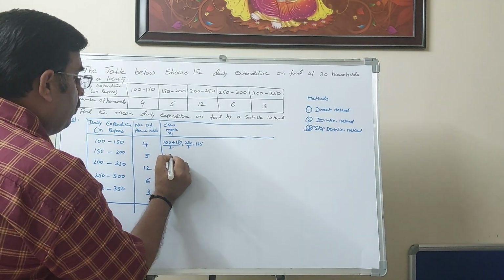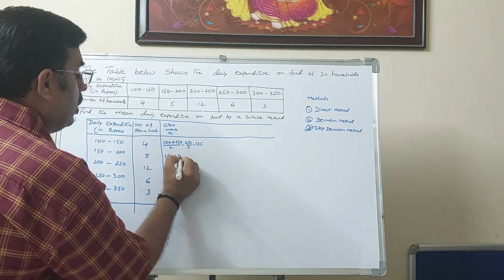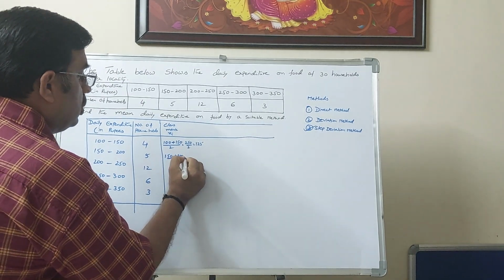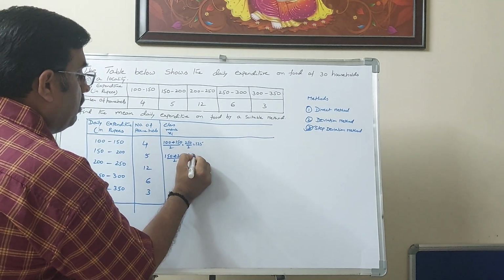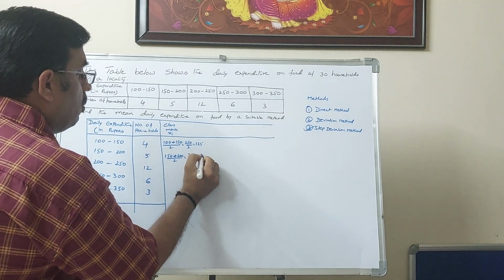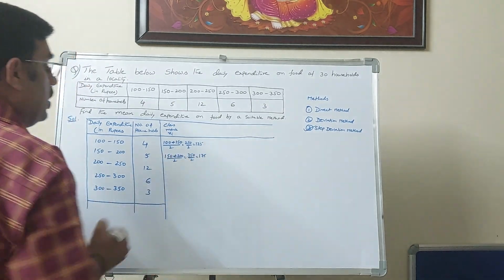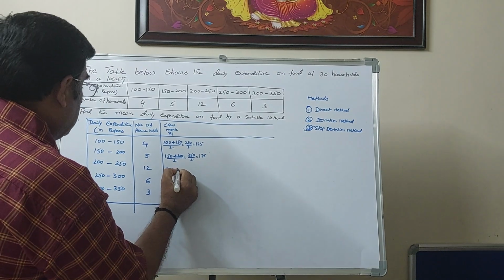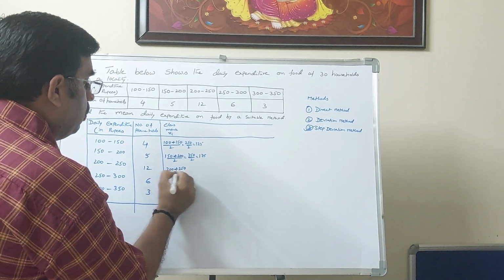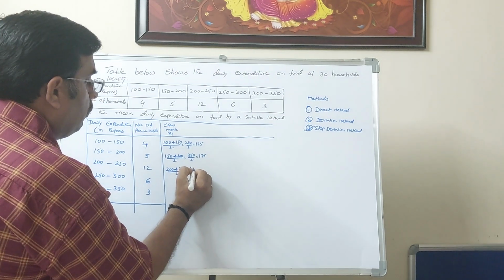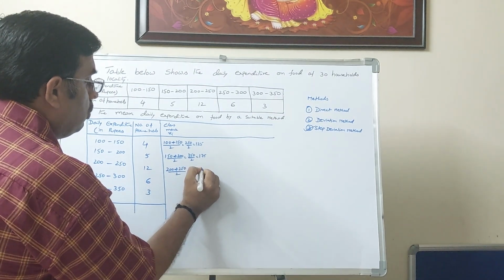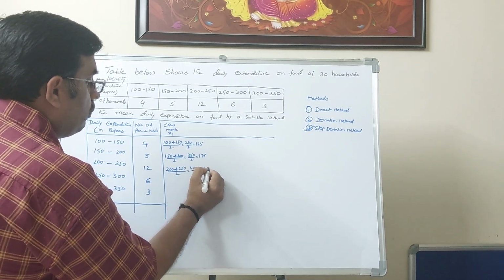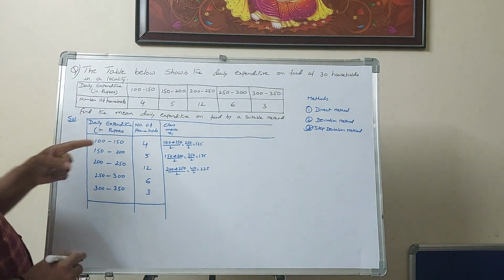Similarly, 150 plus 200 by 2 is equal to 350 by 2, which is 175. Next is 200 plus 250 by 2 is equal to 450 by 2, which is 225. So this is the way you get it.